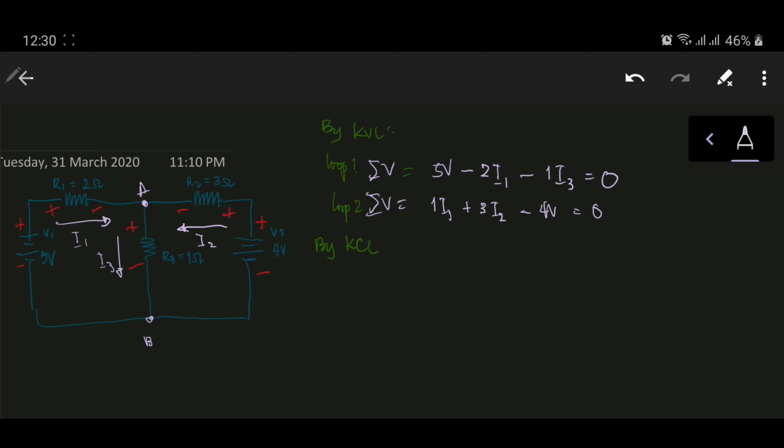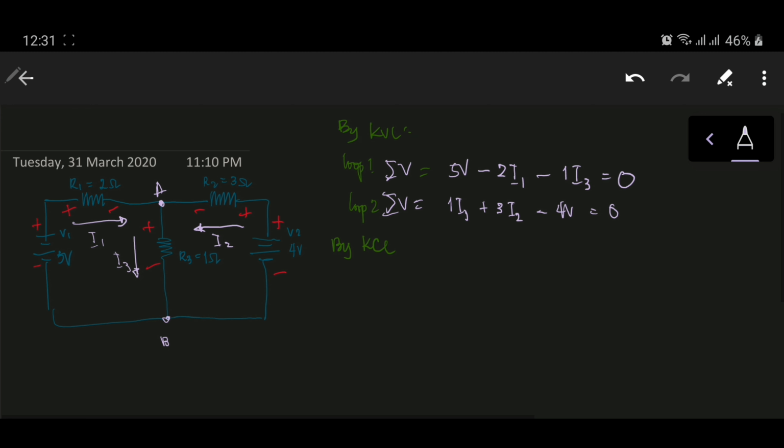If in the future you're unsure whether your current direction is correct, don't worry. For as long as your polarities and the direction of your current agree, that is, moving from positive to the negative side of the resistor, even if the direction has been assumed improperly, the magnitude of your current will still be correct.